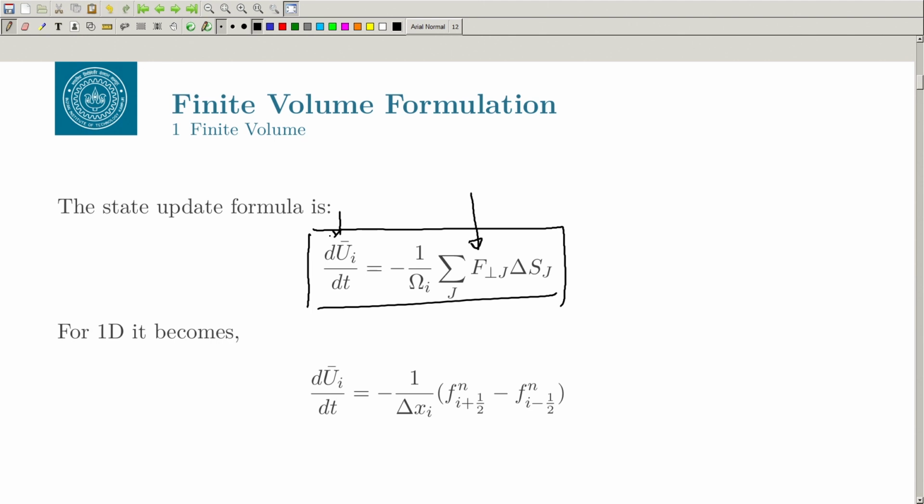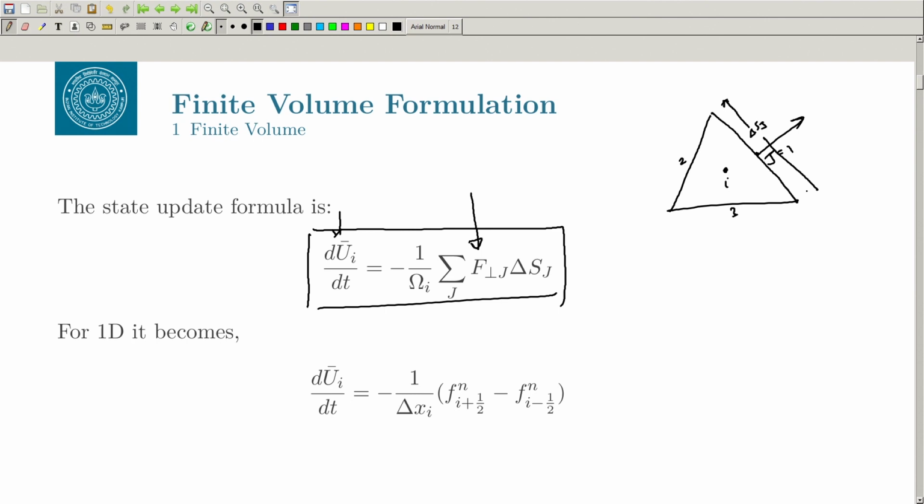So, if you have, let us say, a domain like this, and this I am calling capital J as the interface, and this is my I, and if you want to calculate the variation in I, then all you need to do is calculate the fluxes at all these three interfaces. So, you have j equal to 1, j equal to 2 and j equal to 3, and multiply with the area. So, this will be your delta S j.